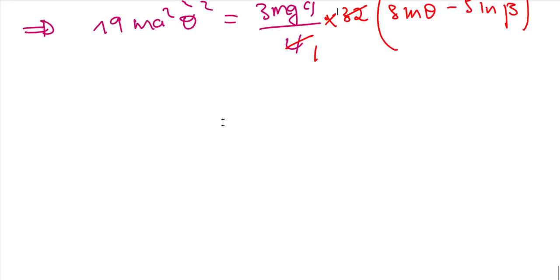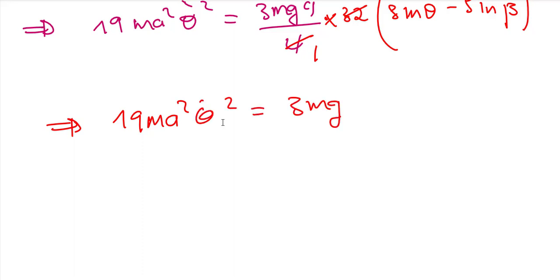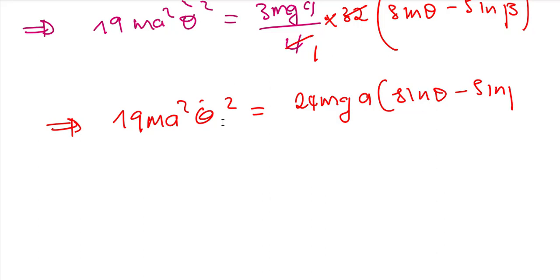So therefore we have 19ma squared theta dot square equal to 3mg, now 8 times 3 will give 24, mga into sine theta minus sine beta. So clearly we can already see that the proof is out. One of these a's will cancel, m and m will cancel, but theta dot is the same as d theta on dt.